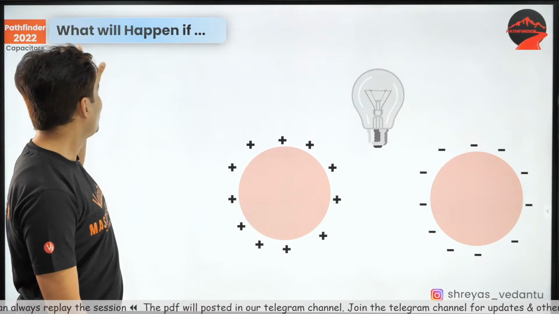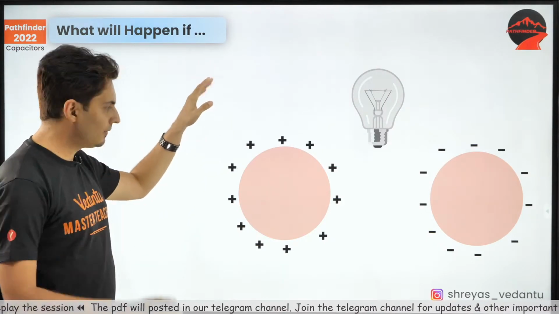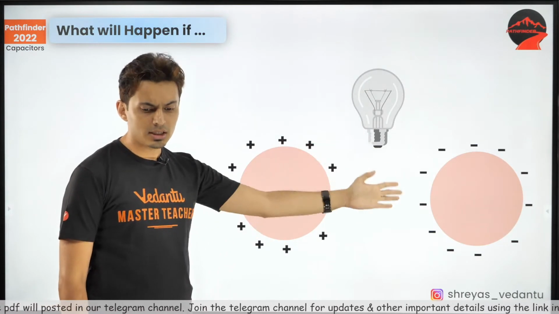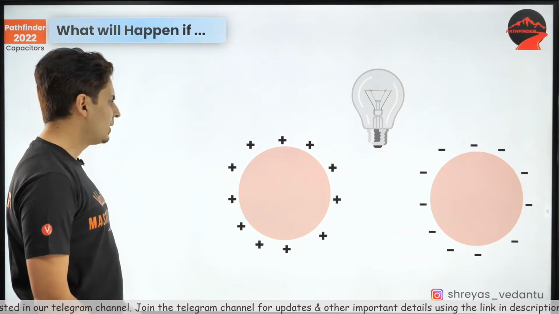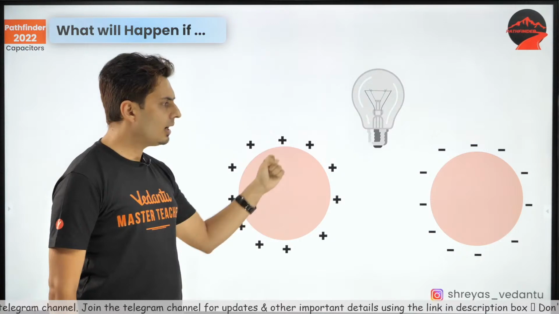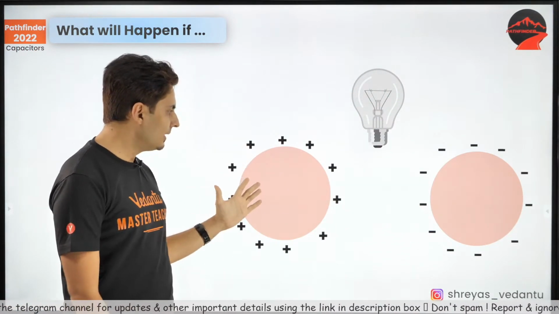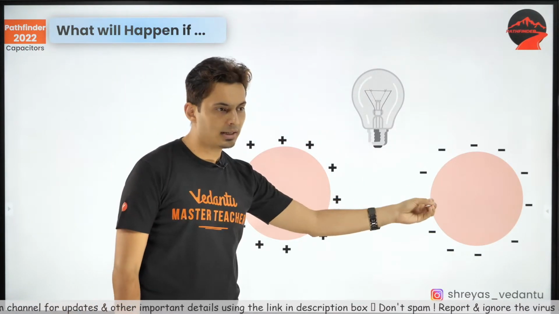Okay, so what will happen if you take 2 charged bodies? They are 2 charged conductors, and one of them is positively charged, the other one is negatively charged. So don't you think there will be some field which will be going from the positive to the negative?